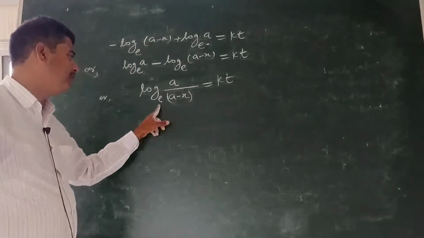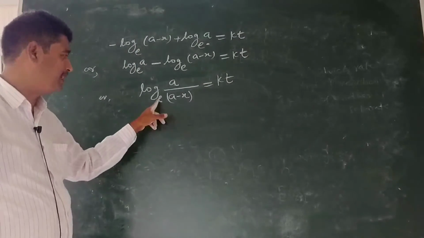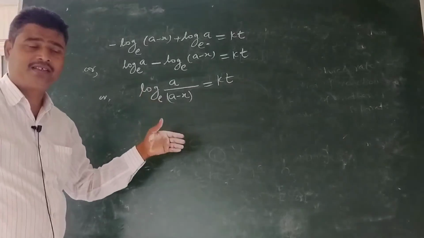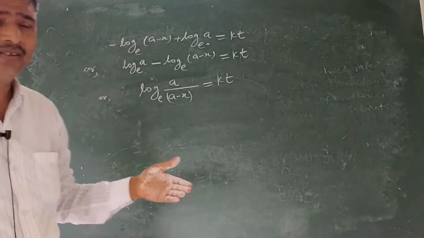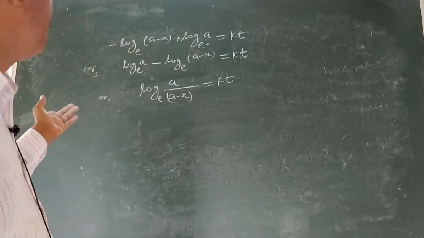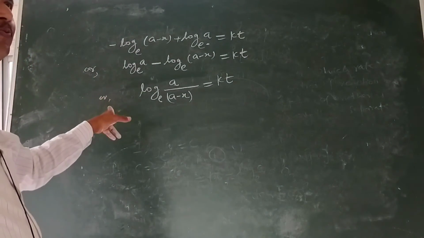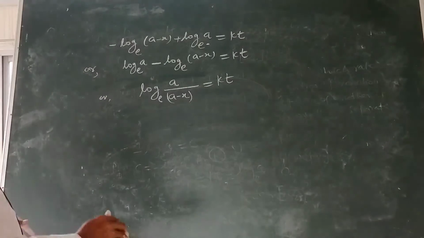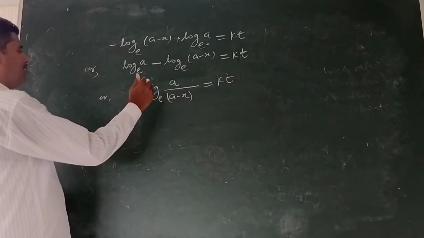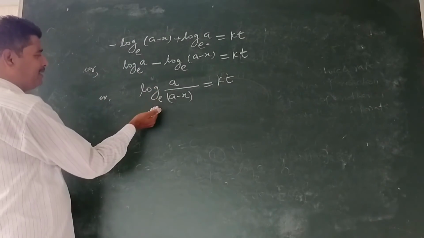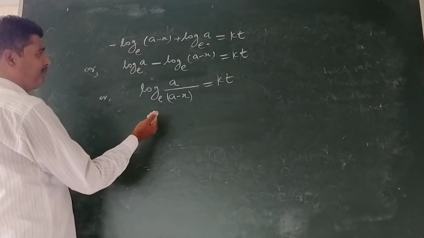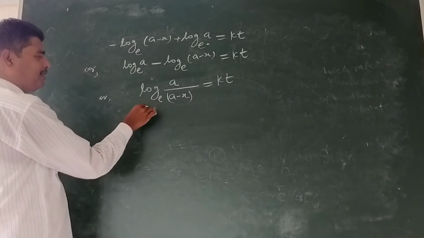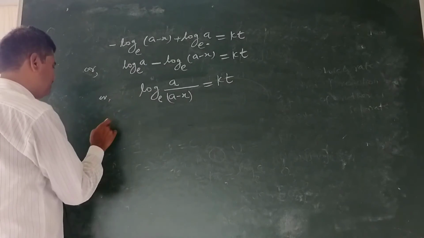When base e is changed into base 10, at which log tables are given in the book, we have to multiply by 2.303. So when we want to change log base e into log base 10, we multiply by 2.303.